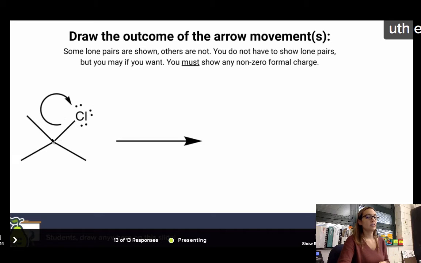And so what you're actually going to get is this central carbon now only connected to 3 things, and you're going to have this chlorine now with 4 lone pairs out on its own. So this chlorine is kind of leaving this alkane.